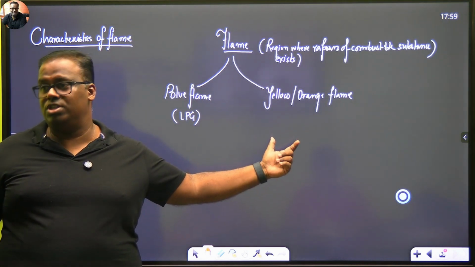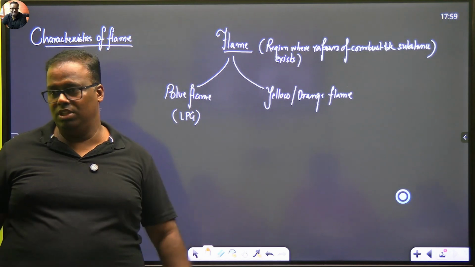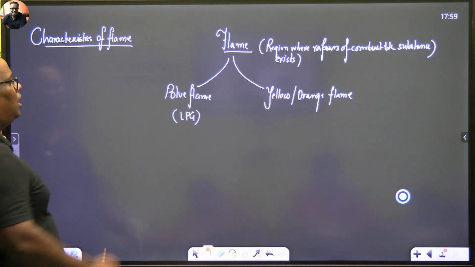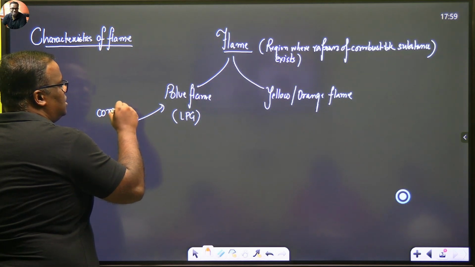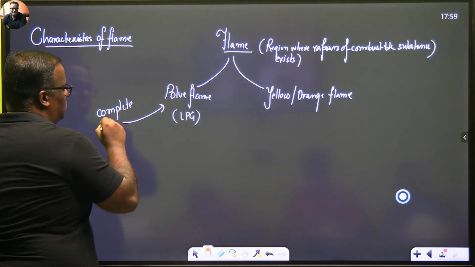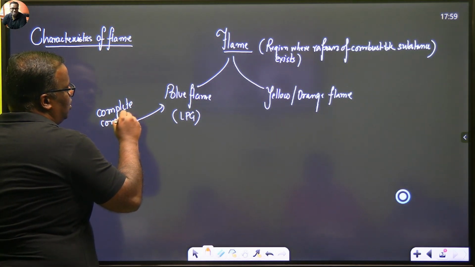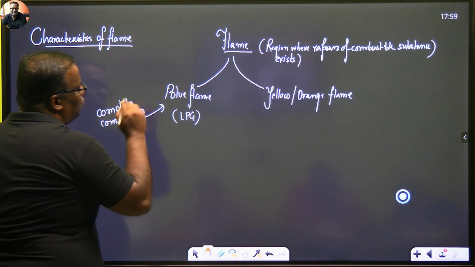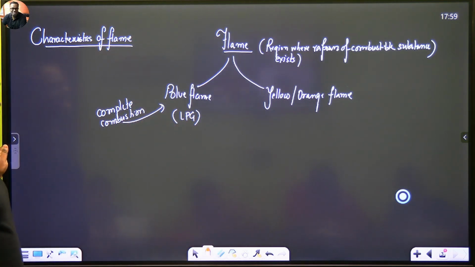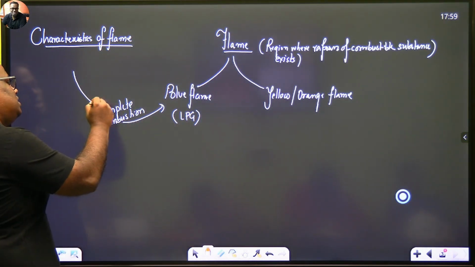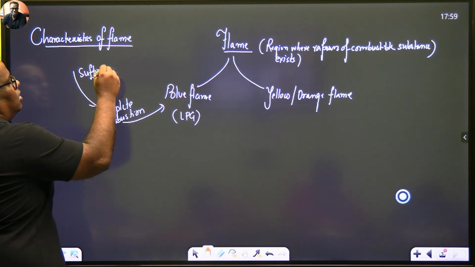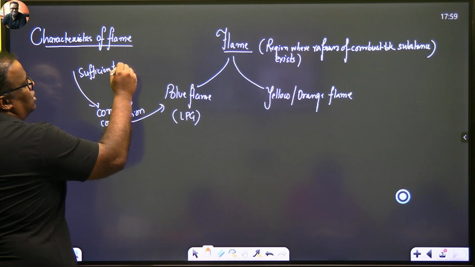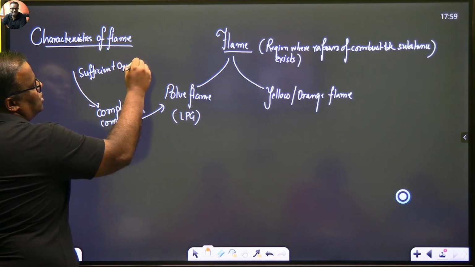Now the question arises, what is the difference between these two? Always remember, a blue flame comes when complete combustion is taking place. Complete combustion means the fuel is burning fully. And for complete combustion to take place, you should have sufficient oxygen, because oxygen is the supporter of combustion, it doesn't burn.